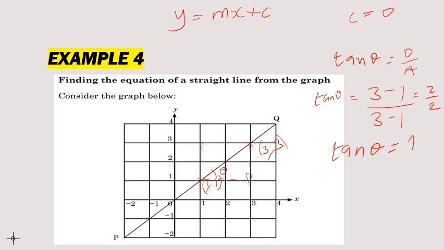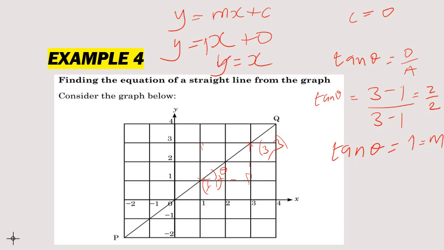This is our gradient, so we are just going to substitute, so that our equation y is equal to x, because m is 1 plus 0, which means y is equal to x.